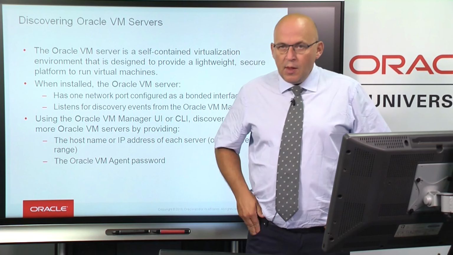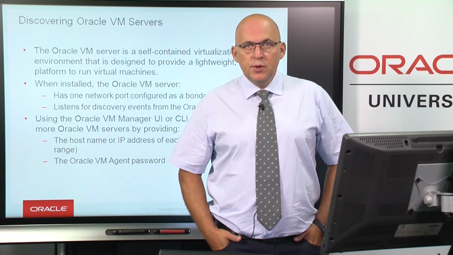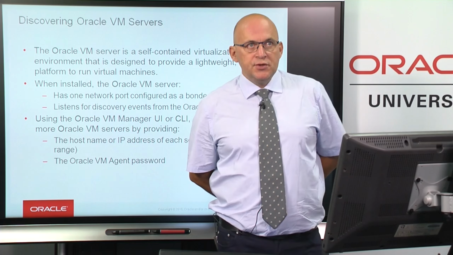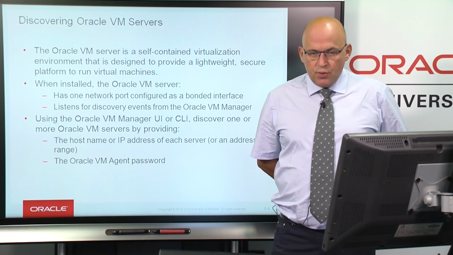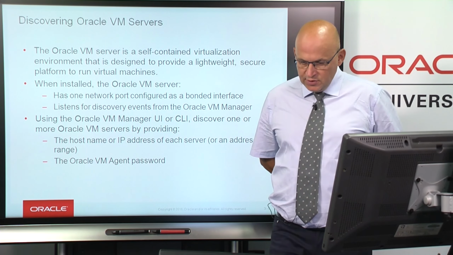So before you start to use any Oracle VM server as virtualization support for your virtual machine, you have to discover them, okay? This discovery has to be done by the Oracle VM manager.